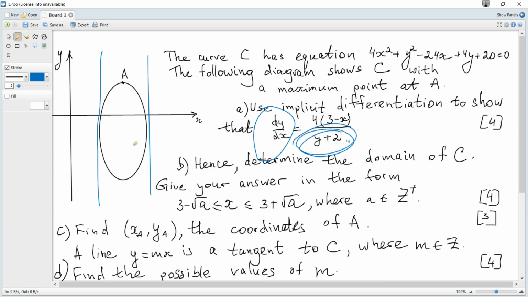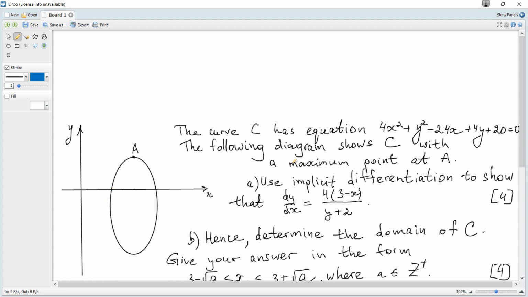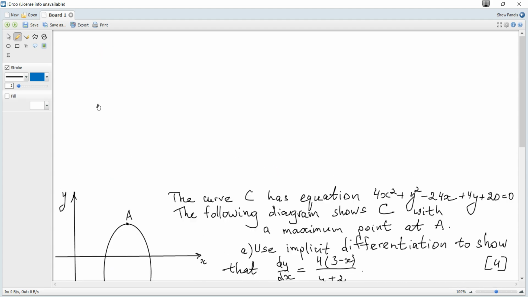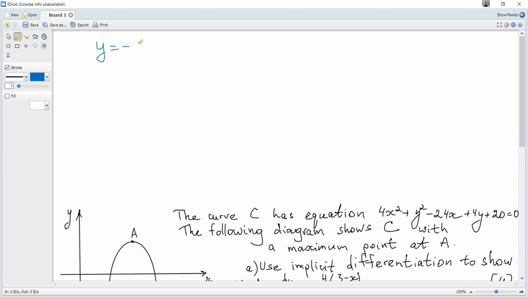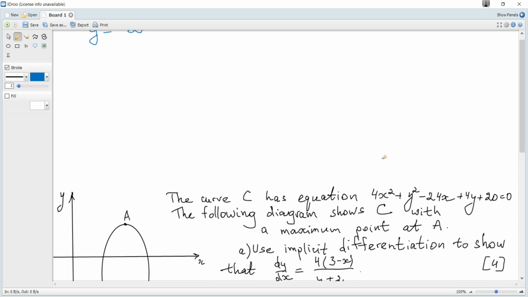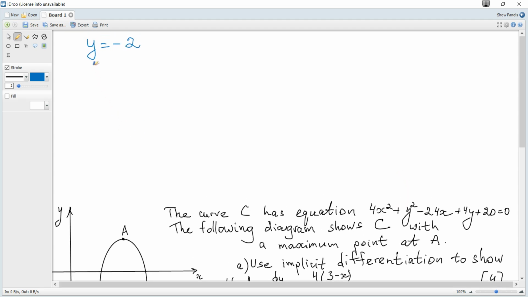So the vertical tangents are where y is negative 2, and to find the x coordinates we substitute negative 2 for y into the given equation.